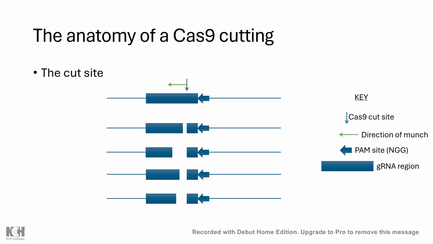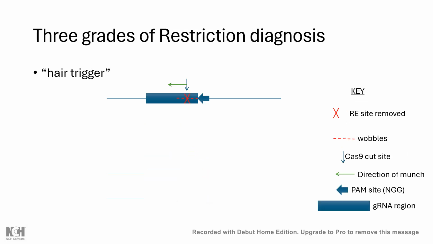Here is the first type, which I call the hair trigger. Its name is richly deserved because in the diagram, the red X is the location of the restriction enzyme site that is removed by our interference, and the red dashes are our wobbles.